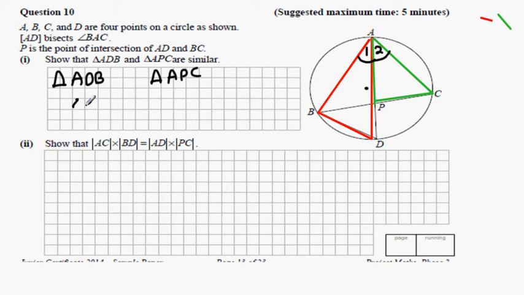Now what we have is angle 1 equals angle 2. Reason being it's given, bisector of an angle, or given AD bisects angle BAC. There's a reason there. Now, we're looking for angles standing on the same arc.